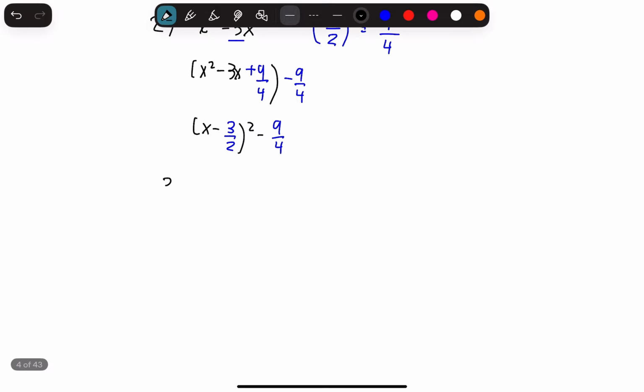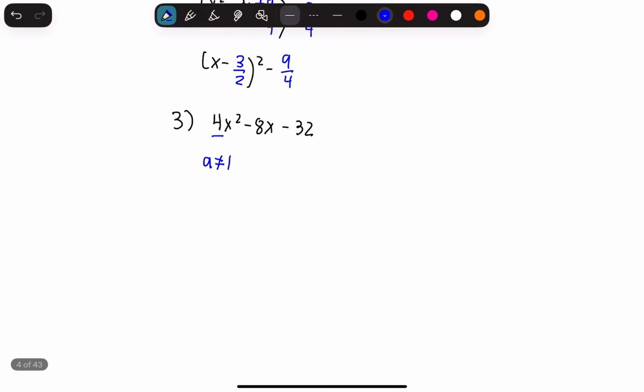Now, let's say that you have 4x squared minus 8x minus 32. Here we can see that a does not equal 1. So what does that mean? That means you have to factor out 4 from 4x squared and from 8x.